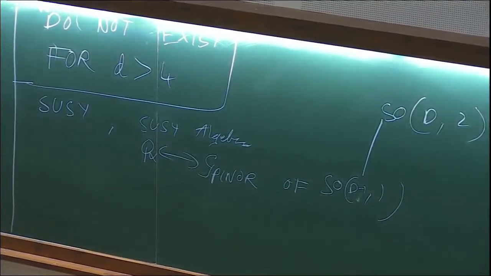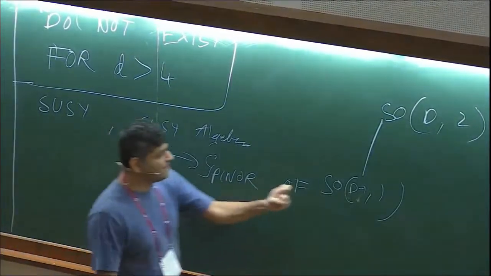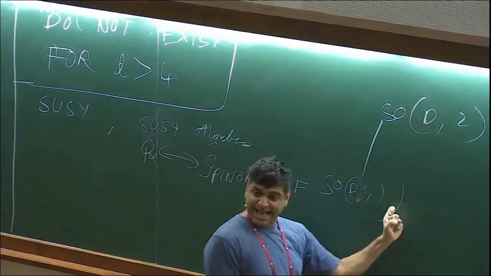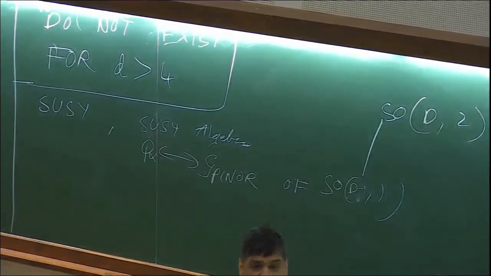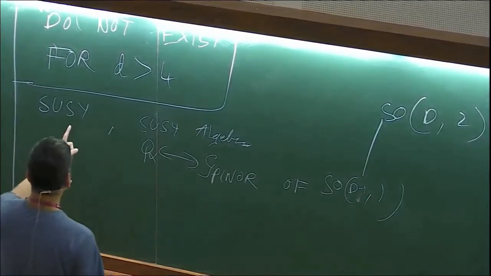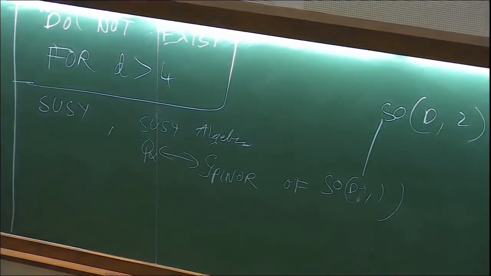Fine. So as we were saying, the Lorentz group is enhanced to the conformal group in a conformal field theory. Now, this tells you that something interesting is going on. Supersymmetry is transformed as spinors of the Lorentz group, but the Lorentz group is enhanced to the conformal group.